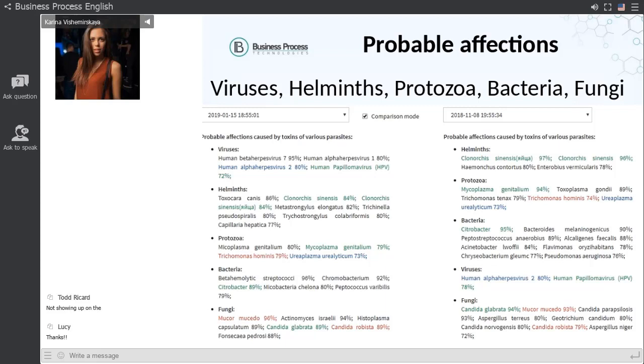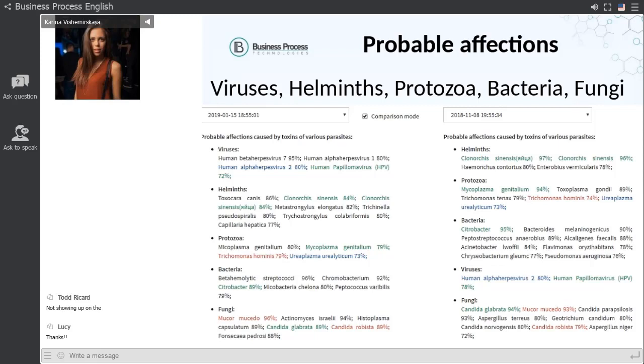A certain type of parasite. For example, from these 100 people, 95% had this conclusion because of this parasite. 80% had this conclusion because of the other type of parasite. That's how we calculate the percentage.